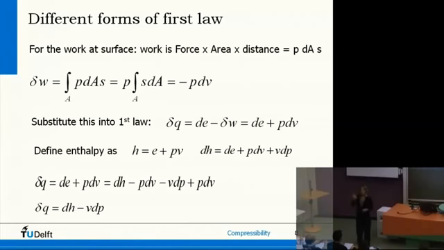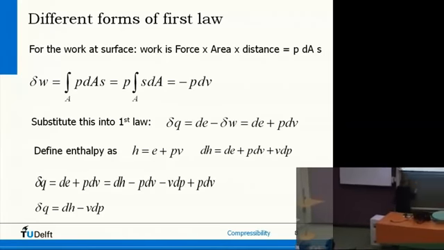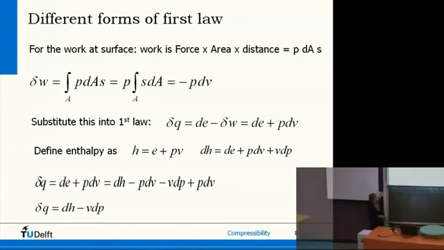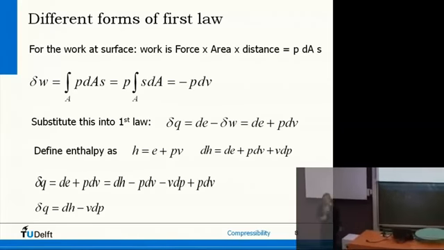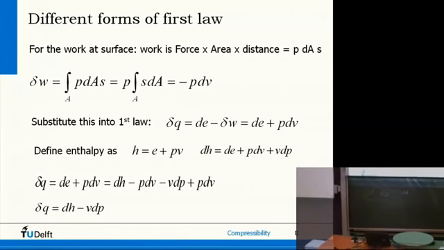Now, let's first think about the work done on this surface per unit area. So for this work done, we assume a small area dA, a boundary element of this unit mass.